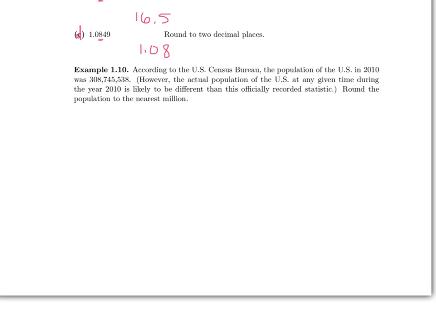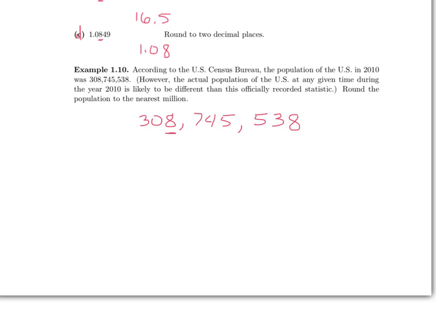Let's go ahead and round this population to the nearest million. I'm going to start by rewriting this number. 308,745,538. We're going to round to the nearest million, which means we need to identify the millions position first.